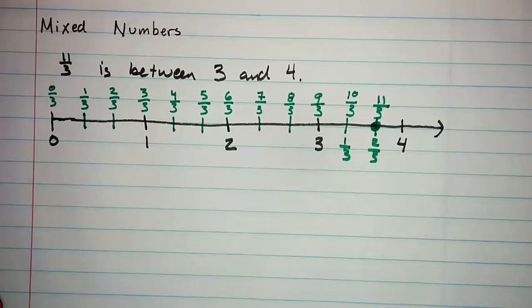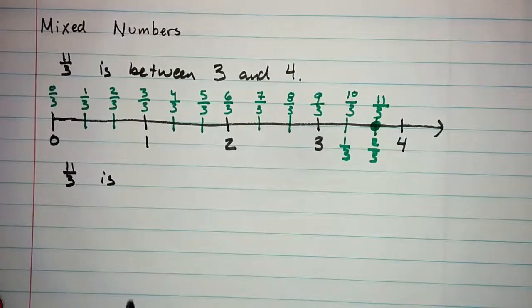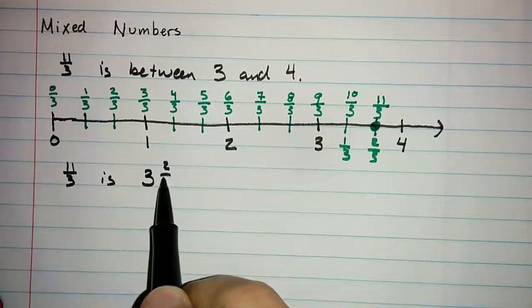To indicate that, we can write so-called mixed number notation and say that 11/3 is 3 and 2/3.